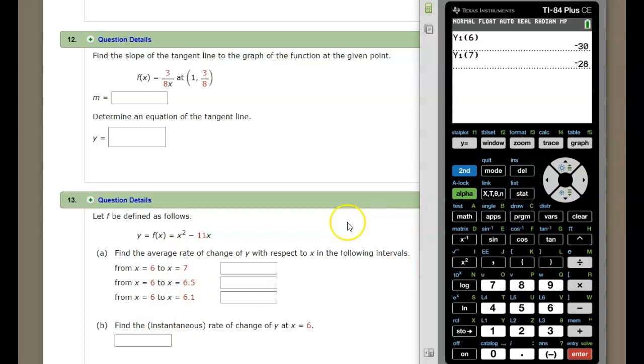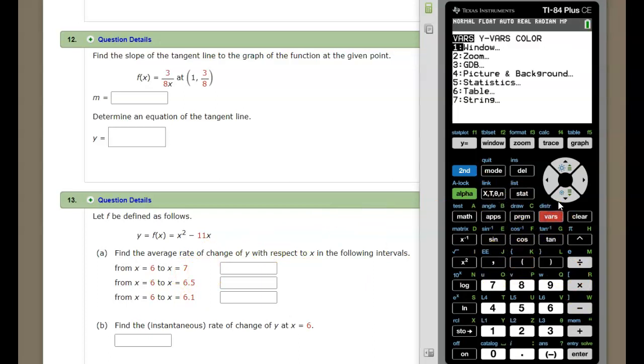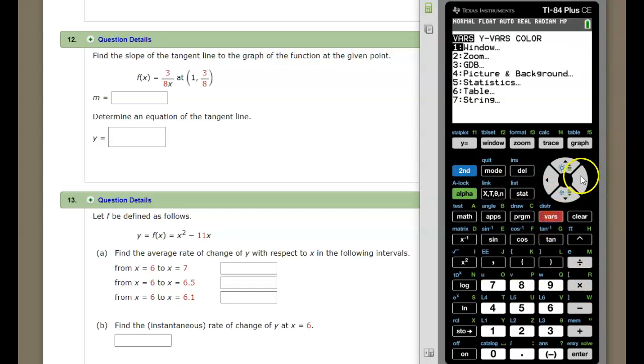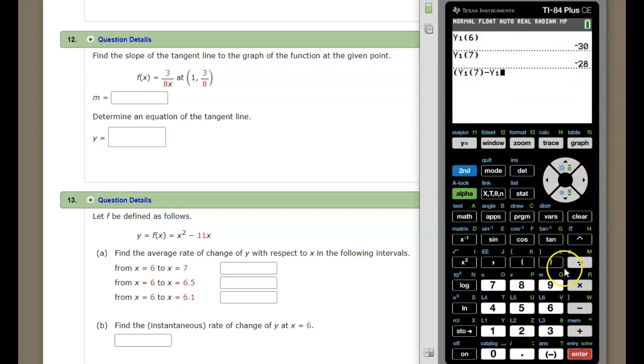So I could do the whole formula all at one time, parentheses, y, alpha y1, so y vars, inner. I need a parenthesis of 7 minus vars, y vars, inner, parenthesis at 6, close parentheses, and then close off the numerator.